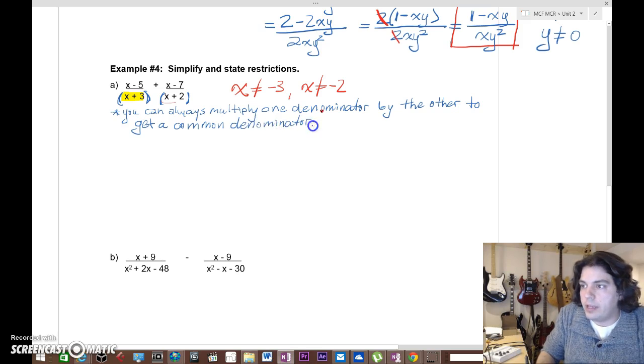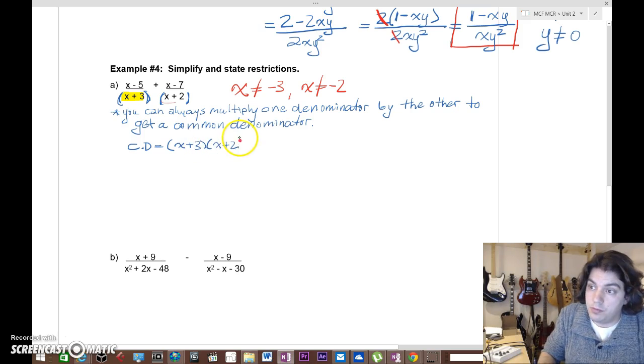In this case, we can always get a common denominator by multiplying x plus 3 times x plus 2. And that's in fact exactly what we're going to do. So our common denominator is going to be just these two things multiplied together. x plus 3 times x plus 2.